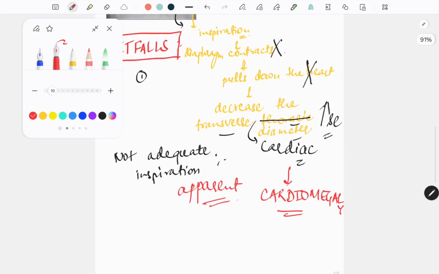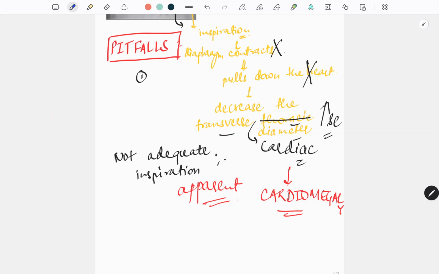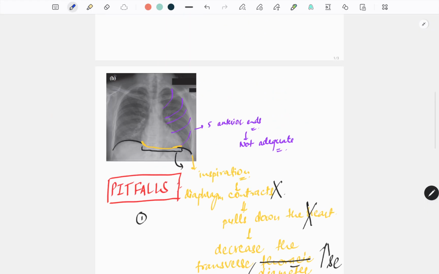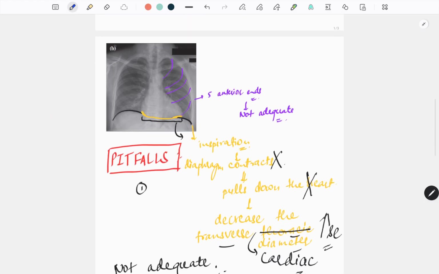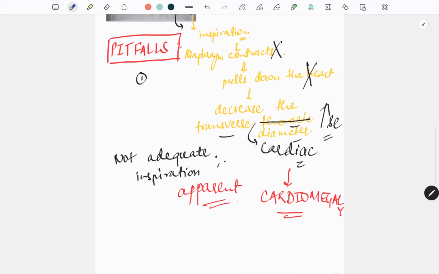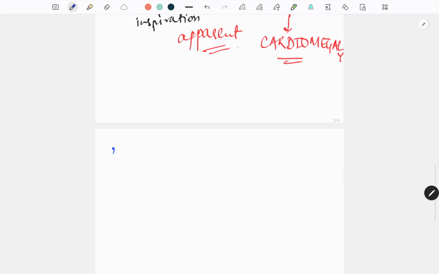Okay, then what is the second point? First of all, we have discussed this cardiomegaly. Not adequate inspiration, what will it do?